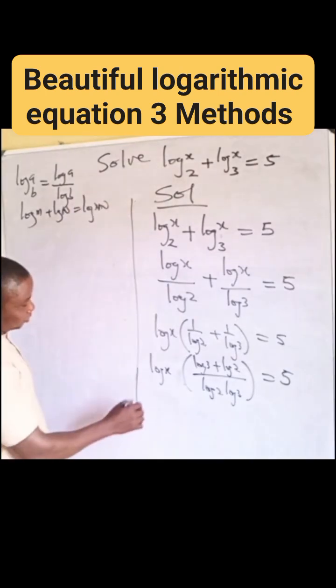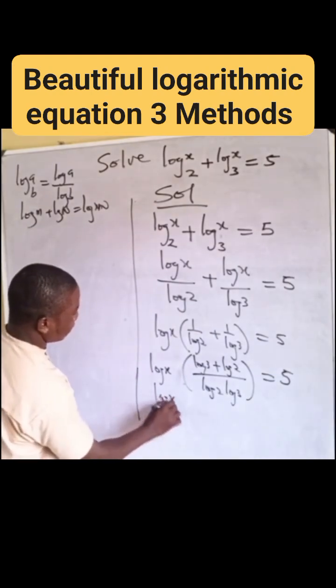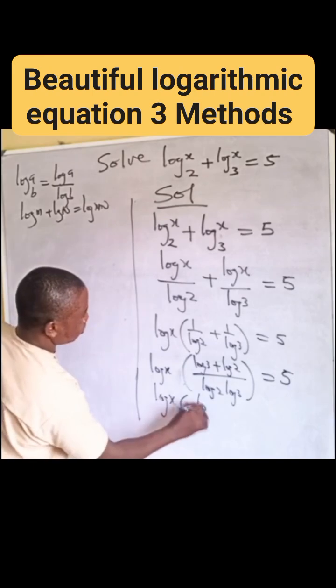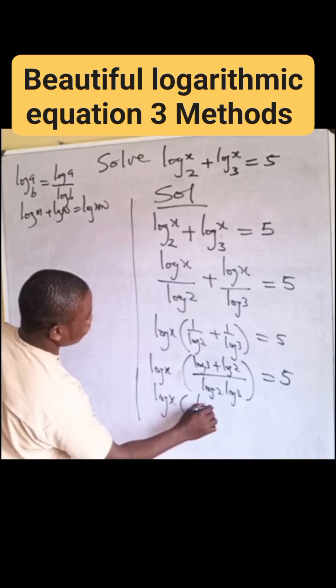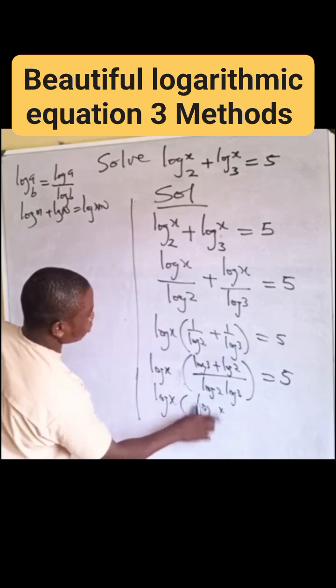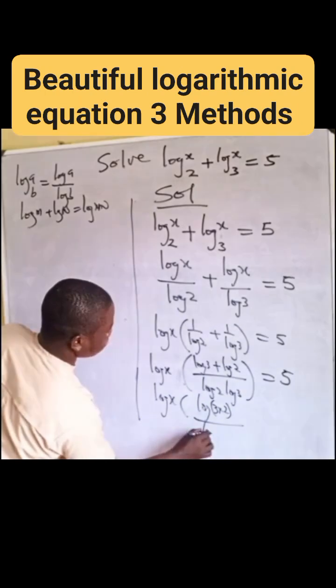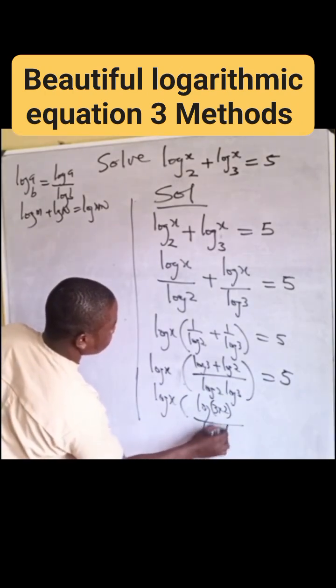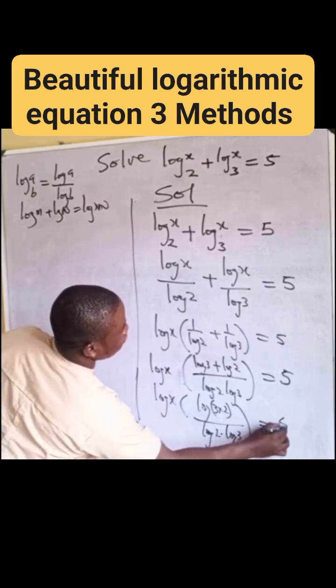So if we do that, we now have log x times log of 2 times 3, or 3 times 2, over log 2 times log 3 is equal to 5.